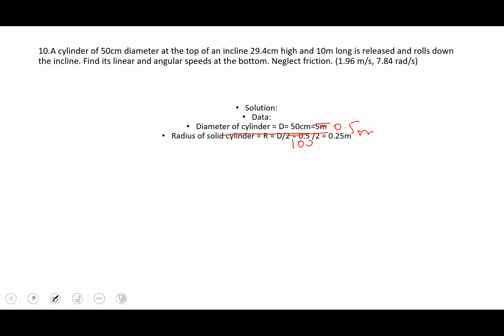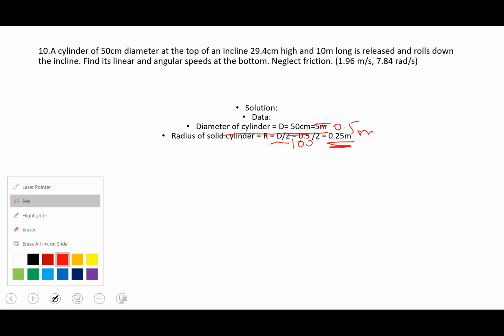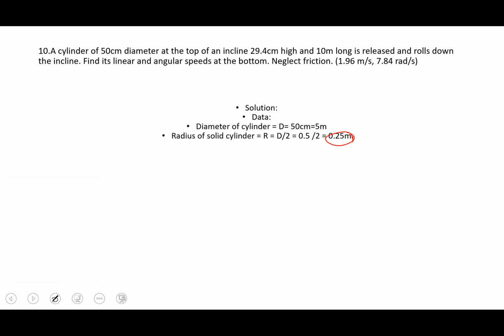So the radius of this cylinder, dividing the 0.5 by 2, we'll get 0.25. Yes, now it is correct. So it is 0.25 radius. The height which is given to us is 29.4 centimeter, or we can convert it by dividing it by 100, so it will be 0.294 meters.